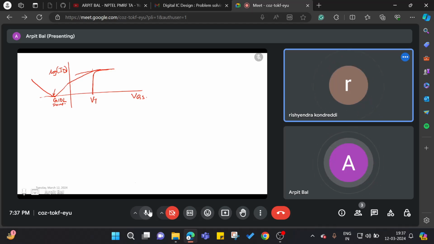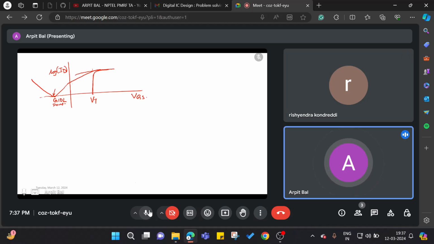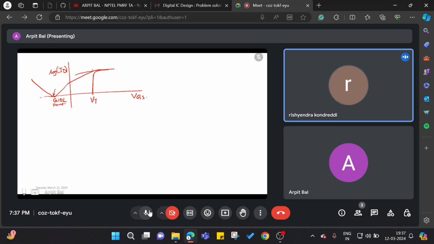If you want to decrease the capacitance, then you are planning to go to a smaller transistor size. But if you decrease the size of the transistor, you will increase the resistance of the transistor. What does it mean, sir, resistance?